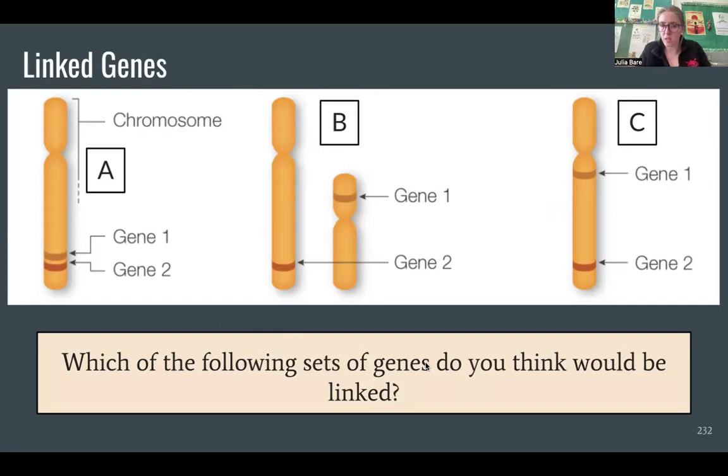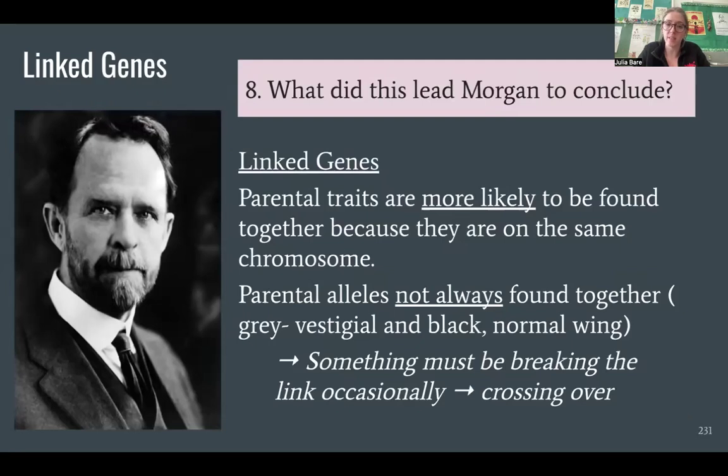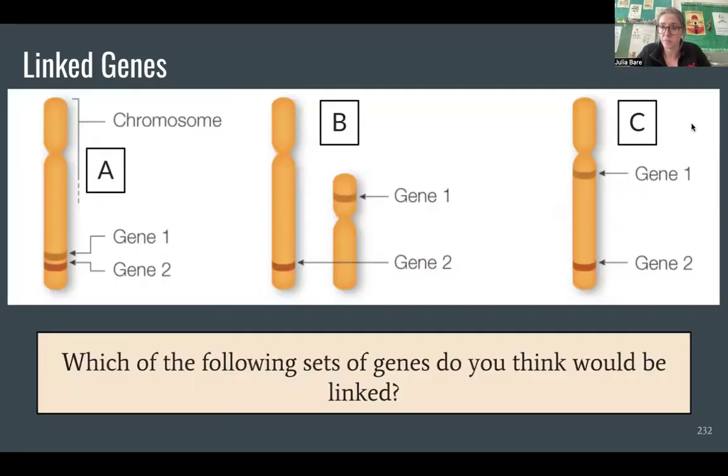So I want you to look at these three options. Based on these three options, which of these genes do you think would most likely be linked? A, B, or C? I'm hoping that you said A, because this is what Thomas Morgan concluded. Parental traits are more likely to be found together because they are on the same chromosome.